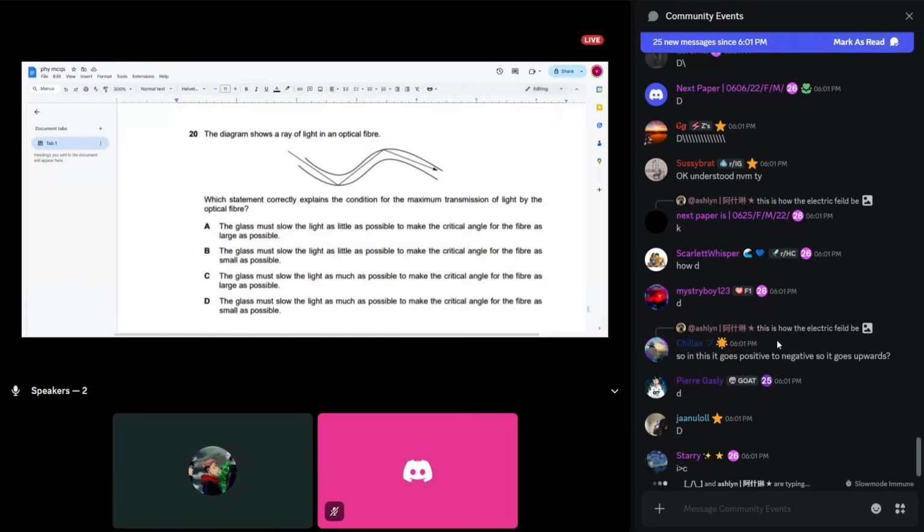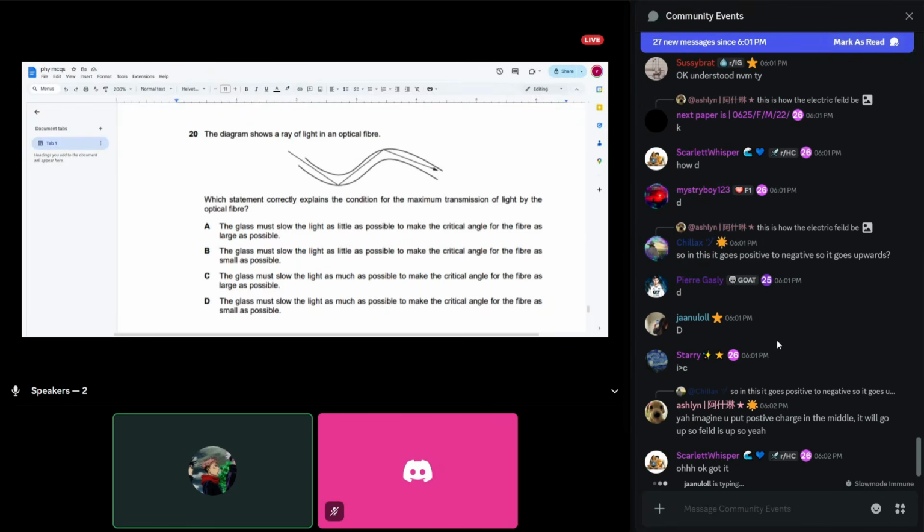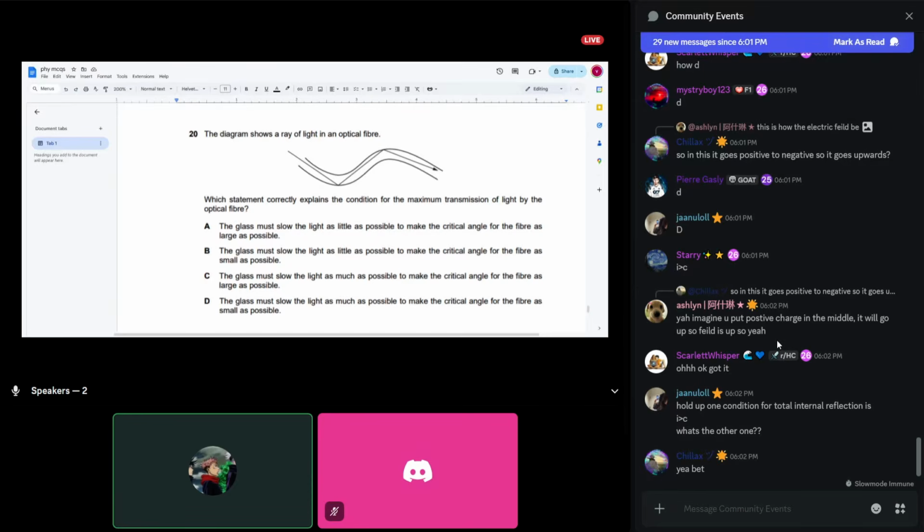So we're trying to get a bigger refractive index, meaning the light has to be slower. Since v2 is smaller, the refractive index is larger.